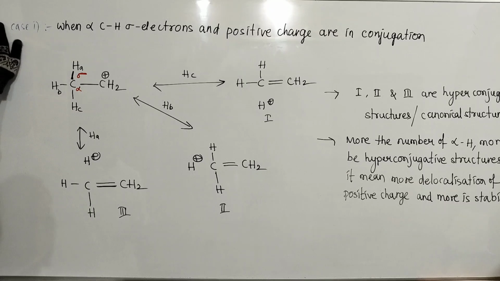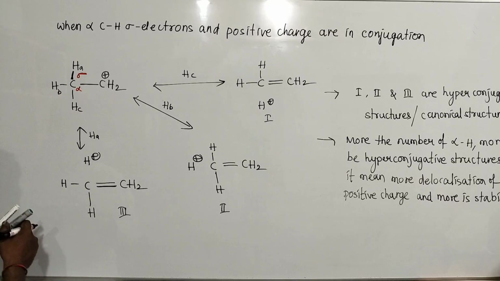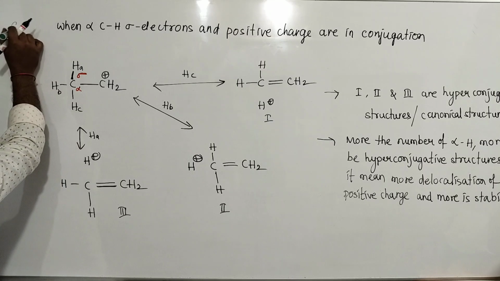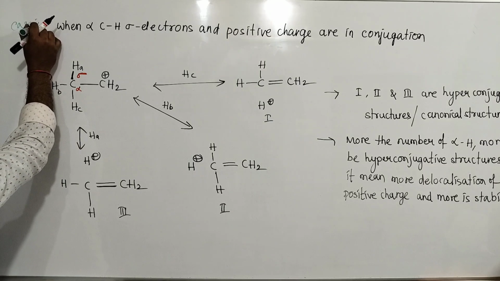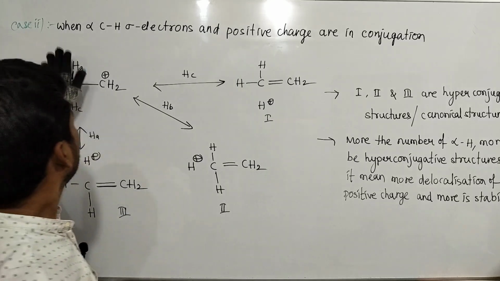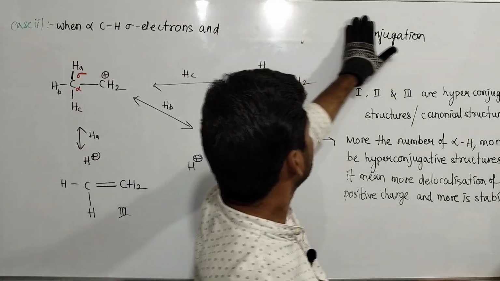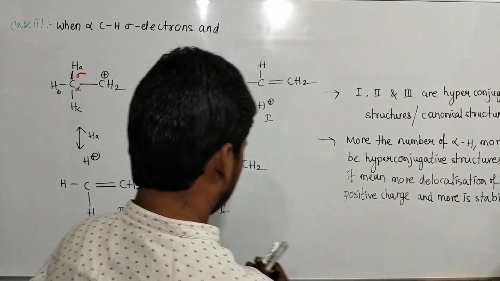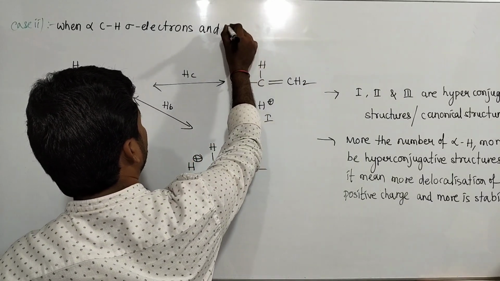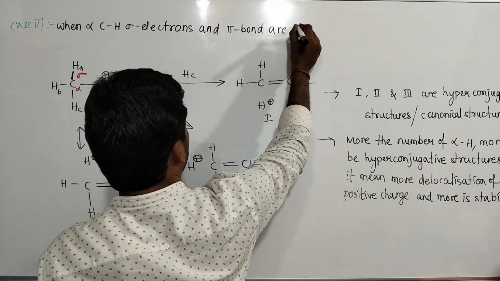Next, case 2. When alpha carbon CH sigma electrons and a pi bond are in conjugation.